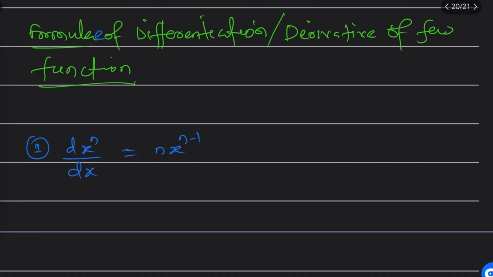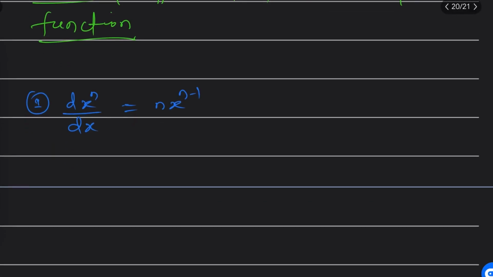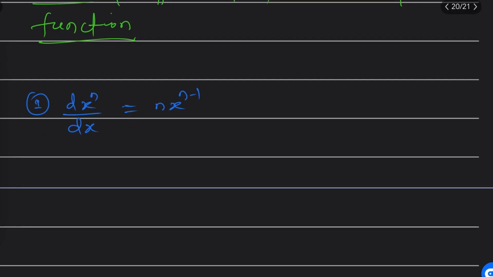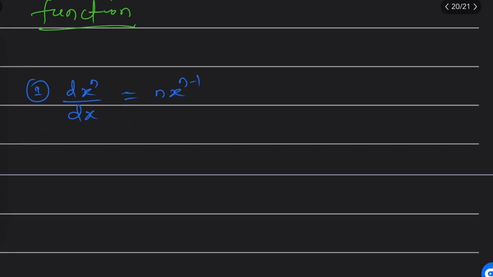Why? Because in mathematics we are going to give you the proof of it, but here if I go with the proof, it will extend the video so much, and it's not useful in physics. What is useful in physics is to understand this formula and keep it in mind, that's it. d x to the power n is n x power n minus 1, right?